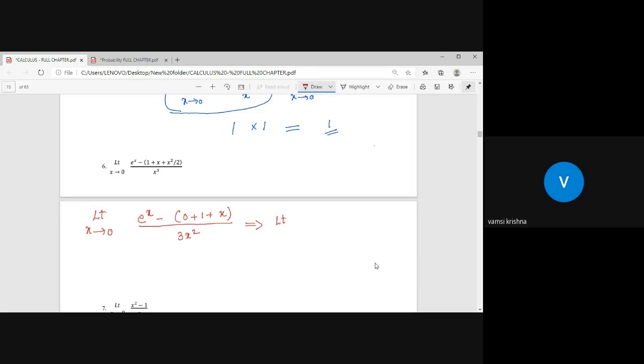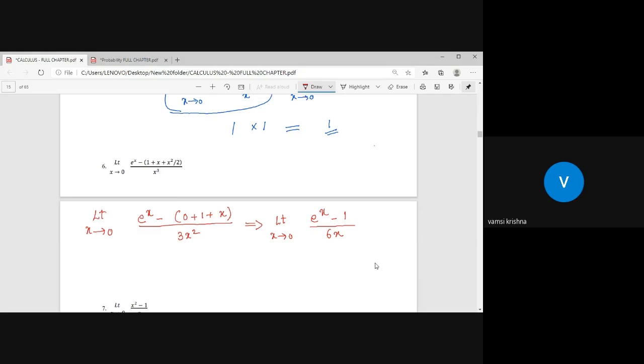limit x tends to 0, e power x minus 1 minus x, divided by 3x square differentiation, which is 6x. Sir, actually, I will stop the question and I want to apply the formula.